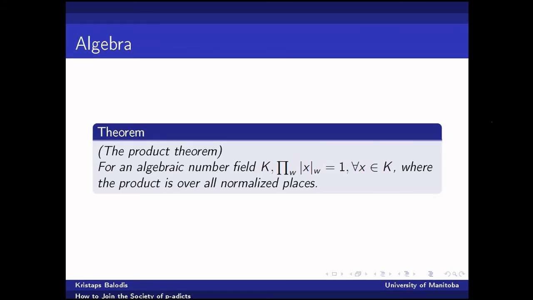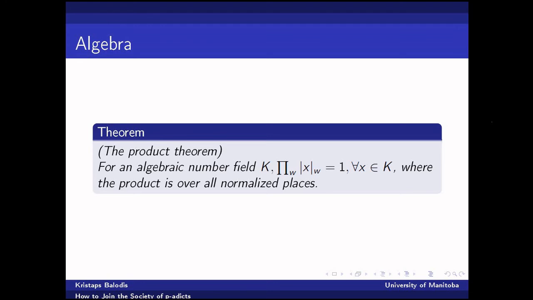We also get the so-called product theorem, and this is why I had mentioned before why we wanted to take the square of the Euclidean norm in the complex numbers, just because it makes this theorem work out a little bit nicer.